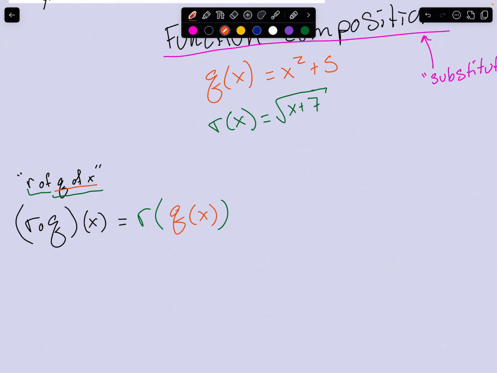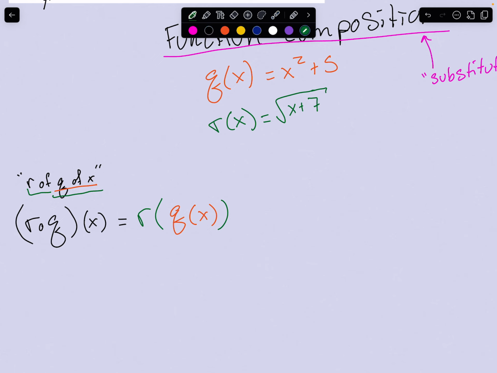So again, both of these are read as r of q of x. There's no multiplication going on. This is how the symbols are changing now. I know that you're used to the parentheses meaning multiplication, but that's not what that means here. So we have to be really careful.